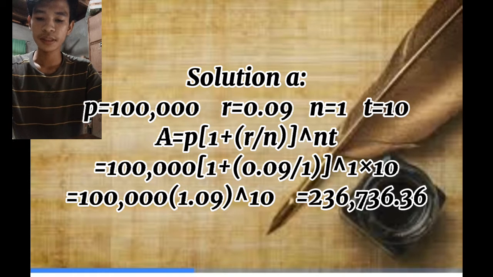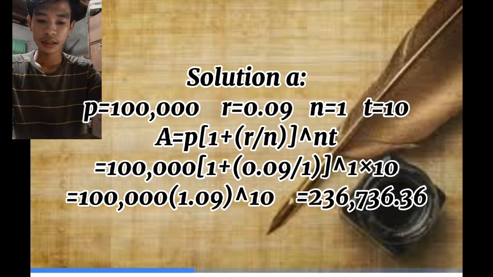So, A equals P times 1 plus r over n raised to nt. Let's input their values first. We have 100,000 times 1 plus 0.09 over 1 raised to 1 times 10. So, copy 100,000 below. Then 0.09 divided by 1 plus 1, we have 1.09.